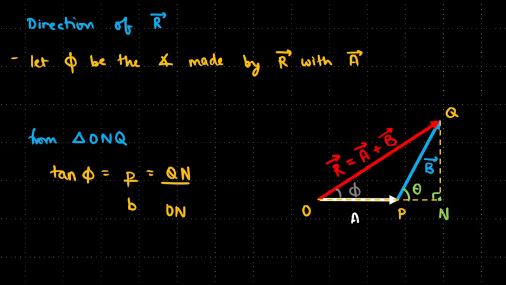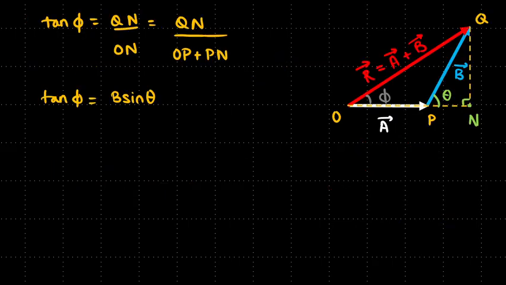So QN was b sine theta and OP was just A. So OP is A plus PN, which is b cos theta. Right?